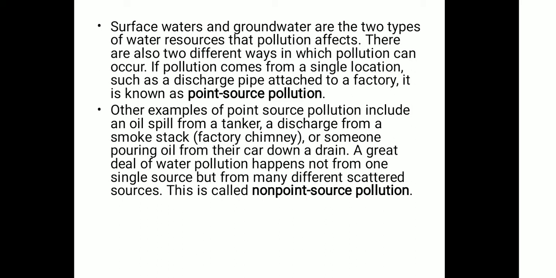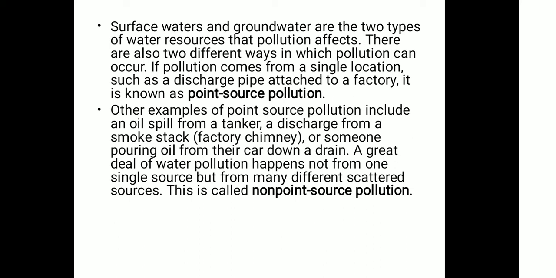Other examples of point source pollution include an oil spill from a tanker, a discharge from a smokestack, means a factory chimney, or someone pouring oil from a car down a drain.